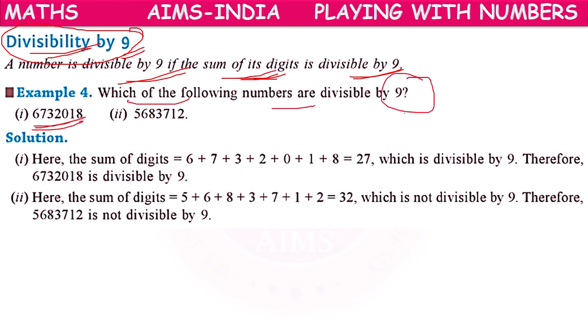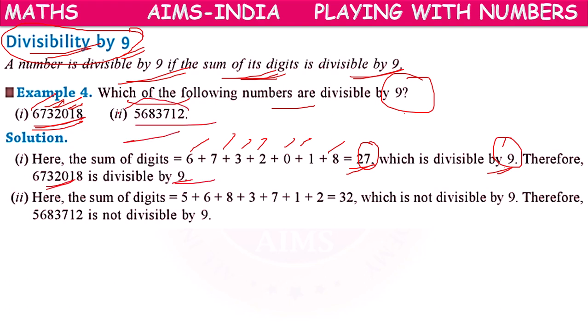Let's take their sum: 6, 7, 3, 2, 0, 1, 8. The sum is 27. 9 threes are 27, so it is divisible by 9. So the total number is divisible by 9.